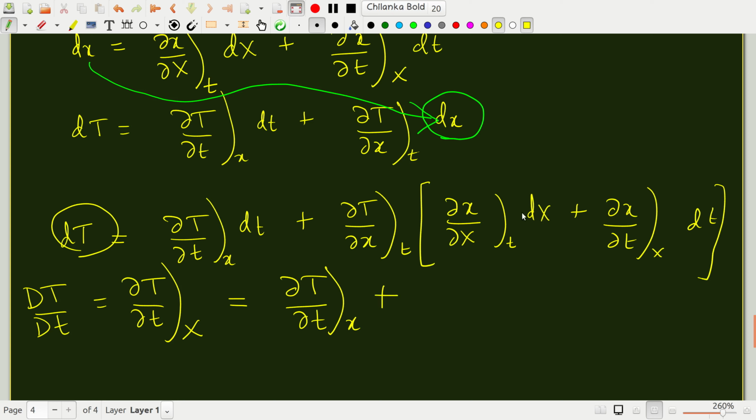Now if I look at this term, remember I'm keeping capital X constant. That means that dX is 0, right? So this term will not contribute. So what I will get therefore is simply partial T partial x at constant t, and from the second term here I'll get partial x partial t at constant capital X, times dt you have already differentiated.